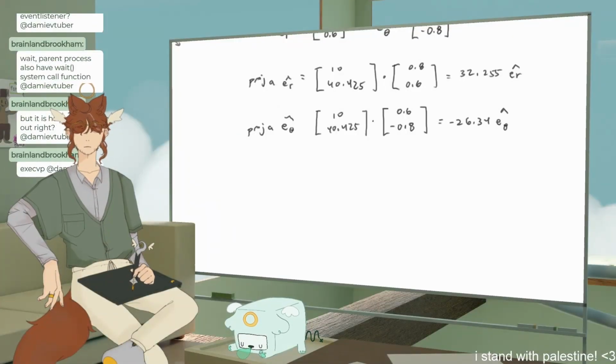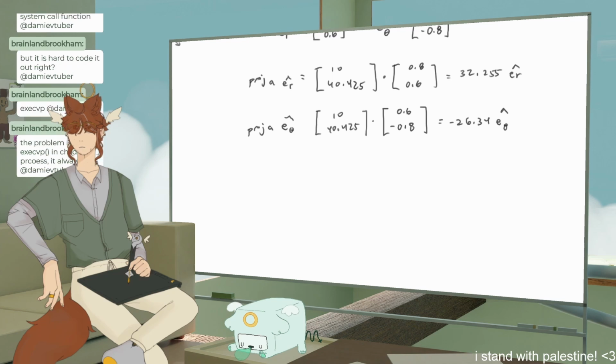Exec vp, let's see. Exec vp Linux. I just typed Linux exec file. The exec family of functions replaces the current process image with a new process image. Oh. Problem is, if execvp is in a child process, it always runs. So it seems like execvp replaces your child with a different program and then it starts running it, I would assume.